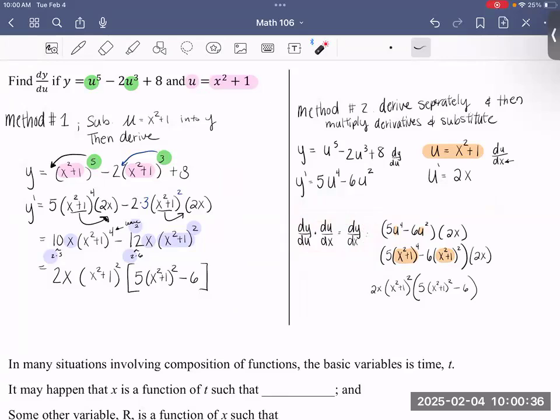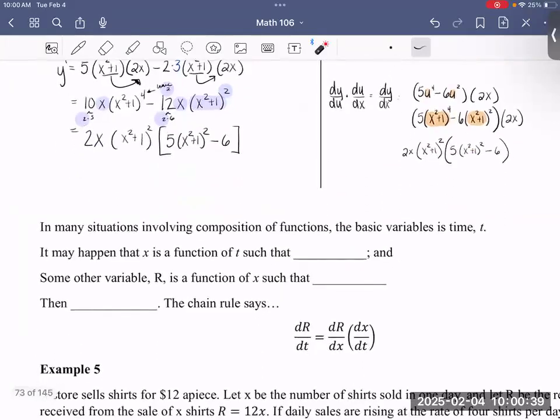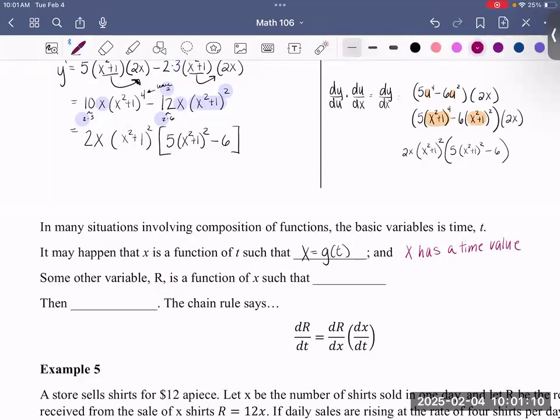Now, in many situations involving composite functions, the basic variable is time t. It may happen that x is a function of t such that x is equal to g of t. So x has some sort of a time value. Some other variable, let's say this one is r, is a function of x, that is, r is equal to f of x.